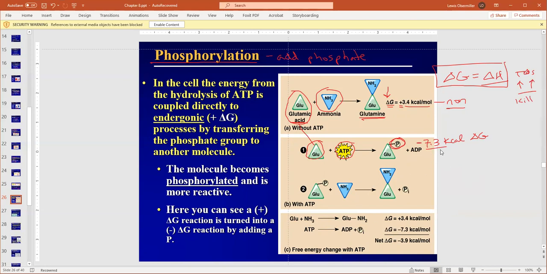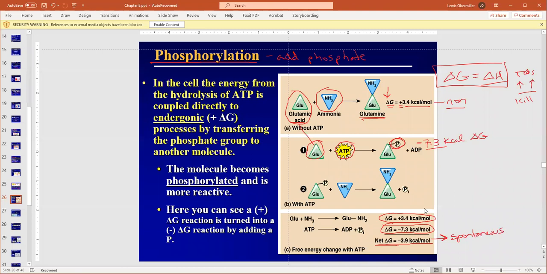But I'm giving you these numbers because I want you to see that we originally had a delta G of plus 3.4. But when we add that phosphate, we can add these values together. So 3.4 plus a negative 7.3 makes the net delta G negative 3.9. And so is this a spontaneous or non-spontaneous reaction? Spontaneous. Right.